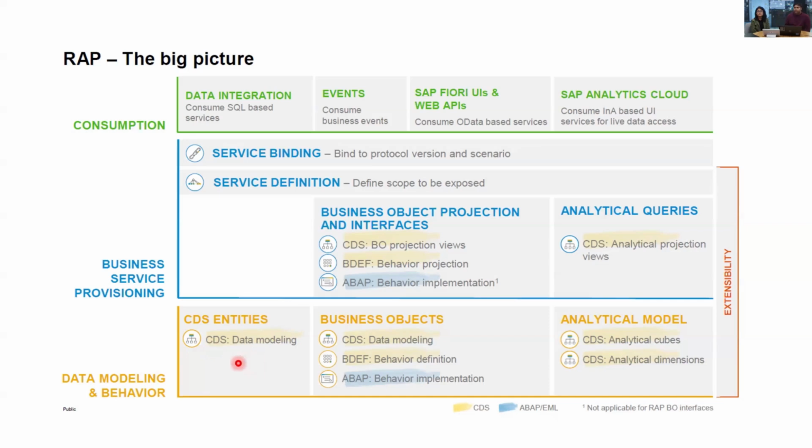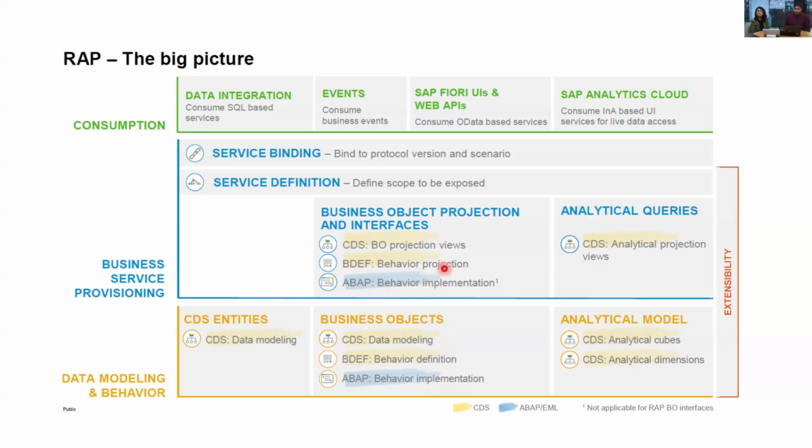Initially we started with CDS data modeling for building the application. Then we enabled transactional capabilities for the application using the behavior definition and implementation. Together, the data modeling and the behavior definition and implementation are called business objects. Once the business object implementation is done for the custom actions or the standard actions, you can go to the service part, where you expose it as a projection layer for UI purposes or role-based implementation.